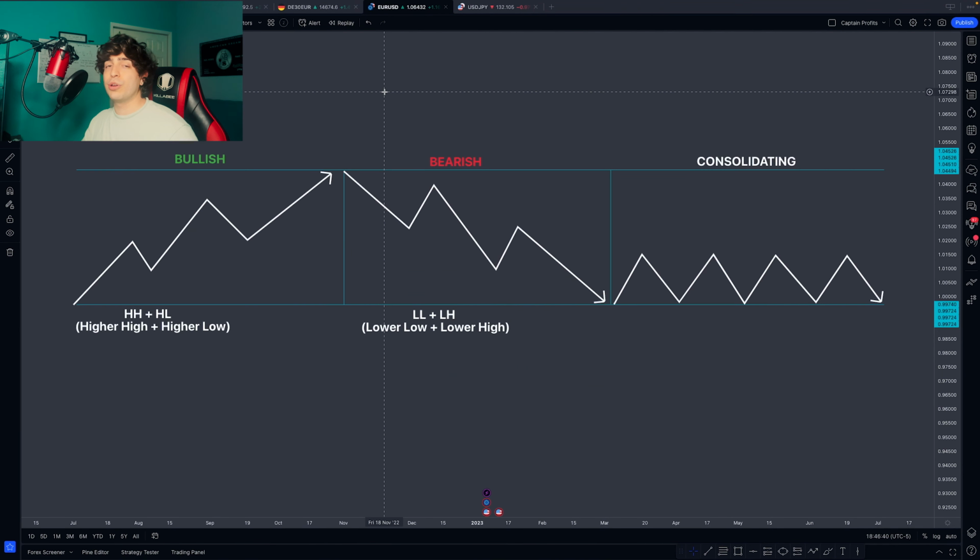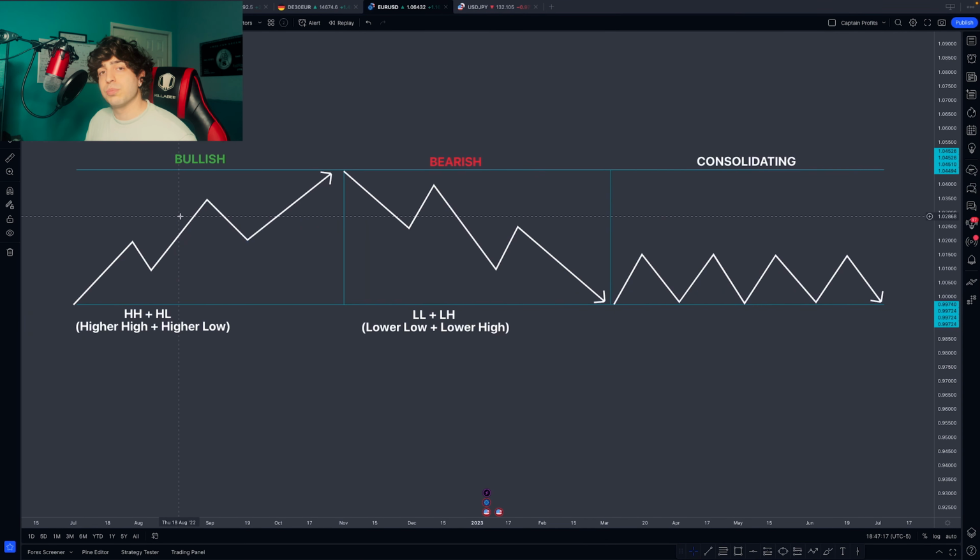So now we're gonna be going over the basics of market structure. So price can move in one of three ways. It can either go up, it can either go down, or it can move sideways. When the market is moving up, that means that the market is bullish. And then when the market is going down, that means that the market is bearish.